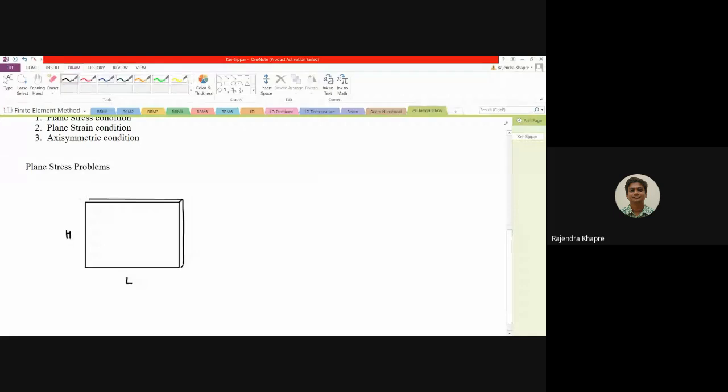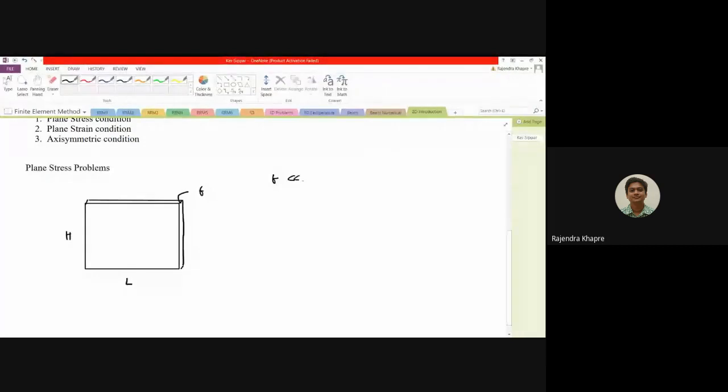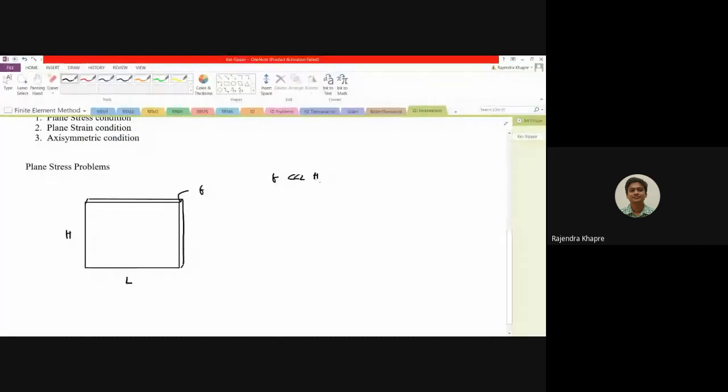This thickness is very small as compared to the height and the length of the plate. Such a type of problem, where the third dimension is very small as compared to the other two dimensions, can be categorized as a plane stress problem.